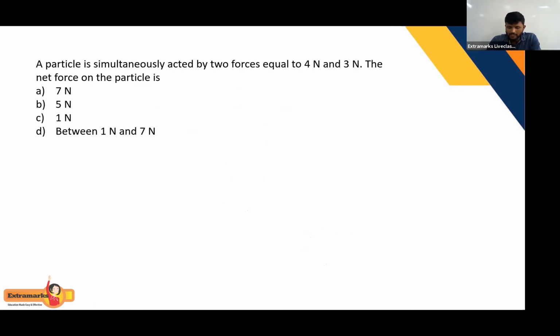Now see this problem: a particle is simultaneously acted on by two forces equal to 4 Newton and 3 Newton. The net force on the particle is? Now remember one thing, they have given one vector as 4 Newton and the second vector is 3 Newton, right?